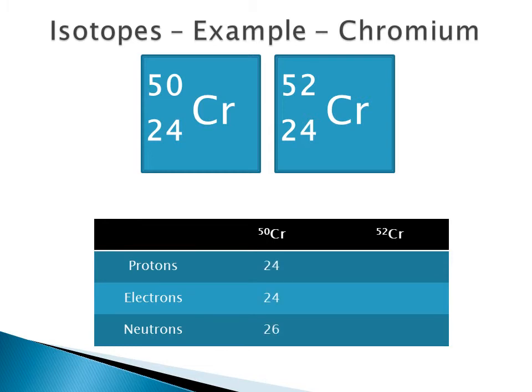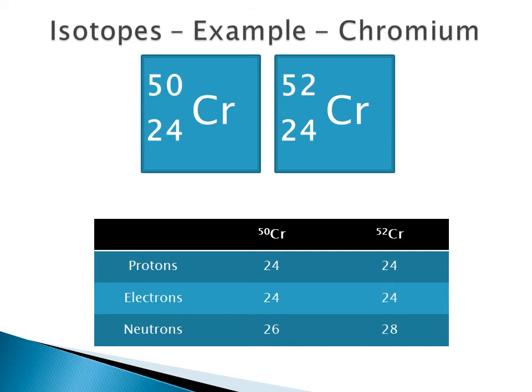So here it comes. Right, if we were to look at the first one, the chromium 50, we have 24 protons, so that goes in there. The number of electrons is always equal to the number of protons, so that's the same. And the number of neutrons is the difference between the mass and the protons, so in this case 26.